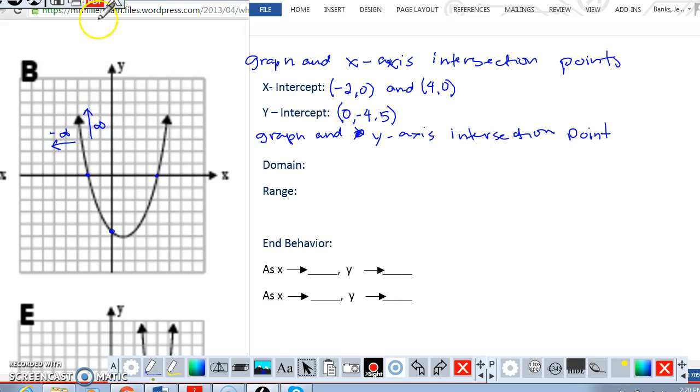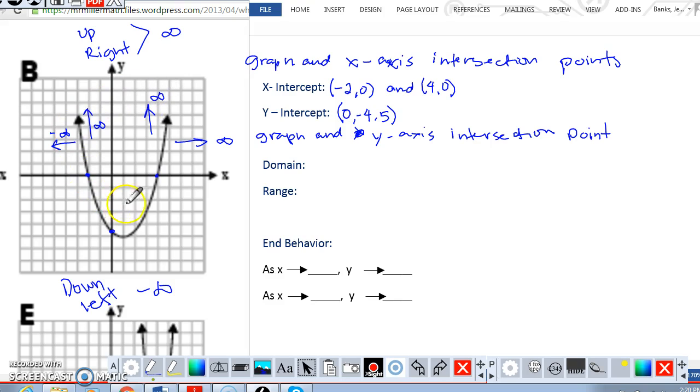Up and right are positive infinity, and down and left are negative infinity. Now on the other end, this one goes all the way to the right, so that's positive infinity, and all the way up, that's positive infinity.